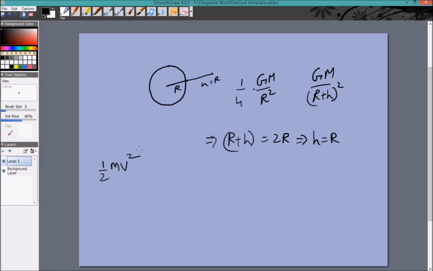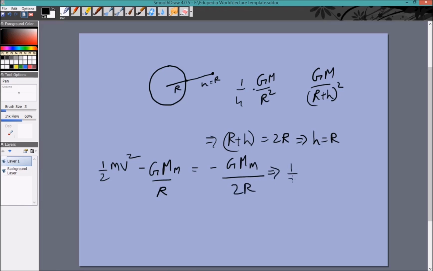The potential energy initially would be minus gmm by r. Now when it reaches this point, the kinetic energy becomes 0 because it starts falling down. This is the maximum height. We all know that the maximum height means it is not moving anymore. So this is equal to minus gmm by this total distance, which is now 2r.